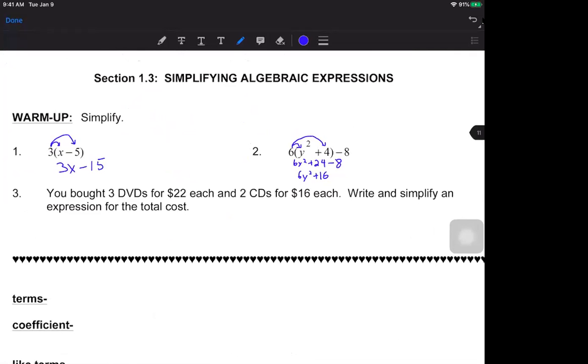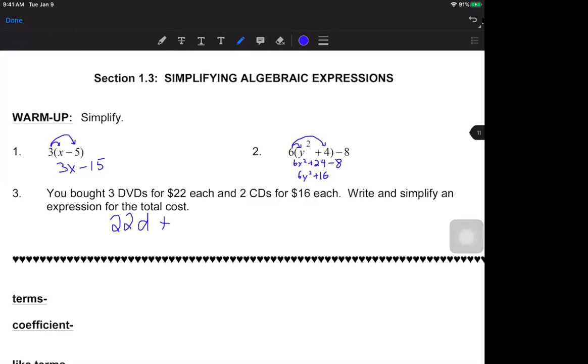Okay, so the first thing is you're going to have the number of DVDs. We'll just put D for DVDs. So those were $22 each, so it'd be 22 times D for DVDs.